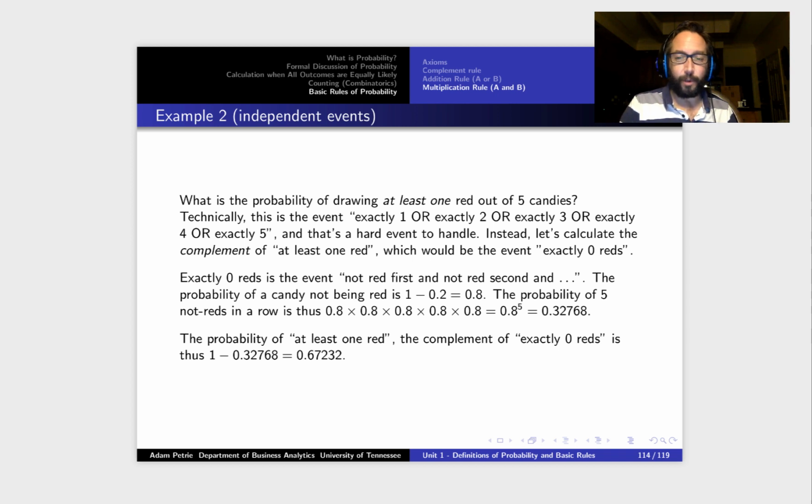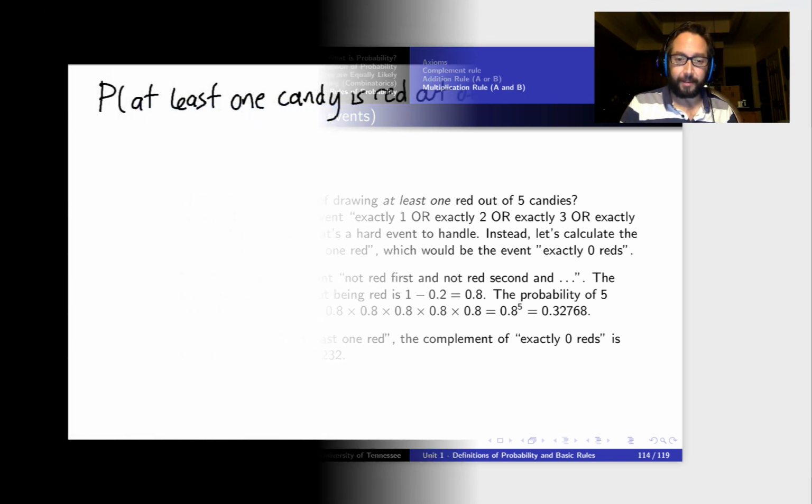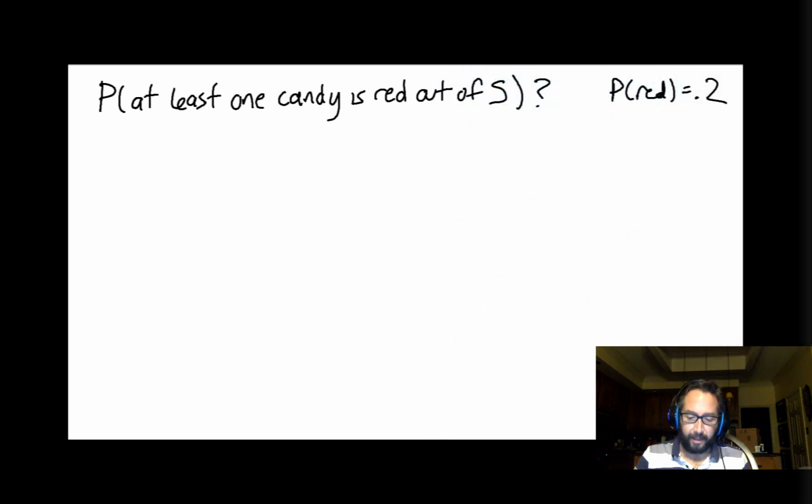All right, let's work on a little bit harder problem. What's the probability of drawing at least 1 red M&M out of 5 candies? So let's say we go through 5 candies. I want to know the probability that at least one of those 5 candies is red. Now I'm going to give you a hint.